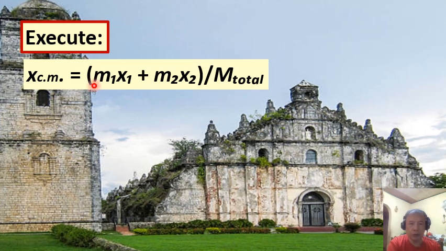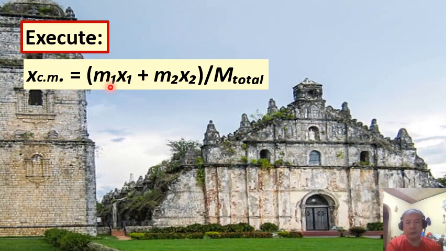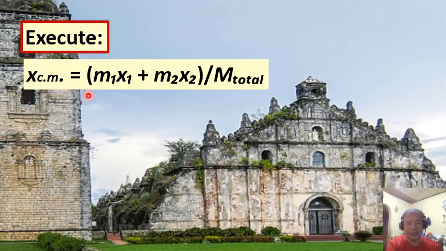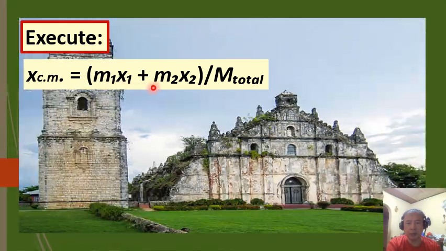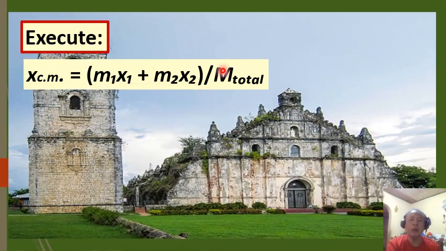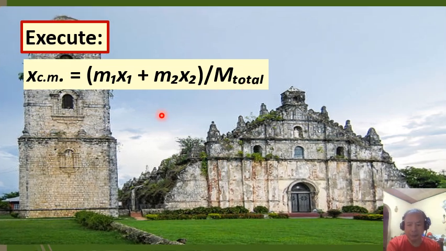So this is the general formula for determining the center of mass of a system, which is equal to the quantity m1 x1 plus m2 x2 divided by the total mass.